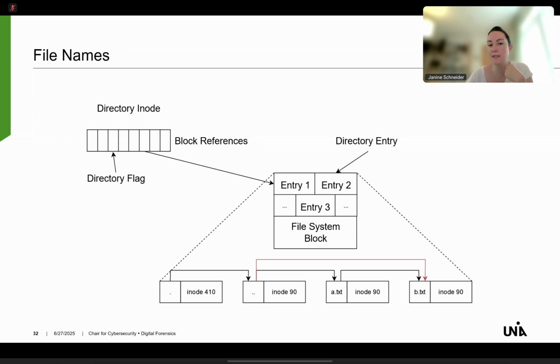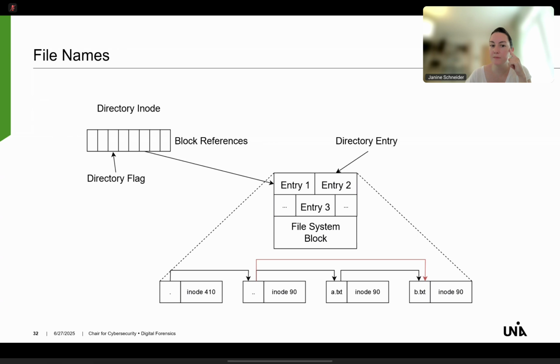Yeah, the directory entries basically form a list or a table, and the information about how long a file name actually is and where the next entry begins is also contained in the directory entry.